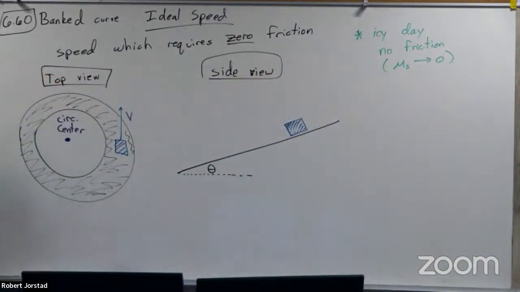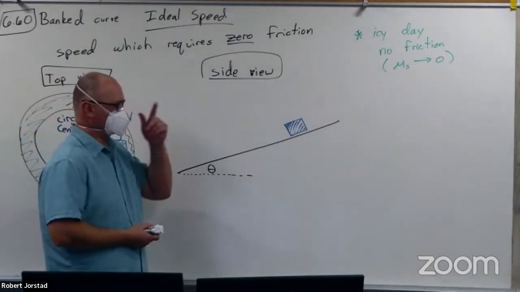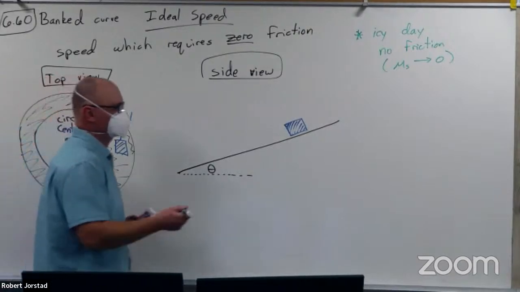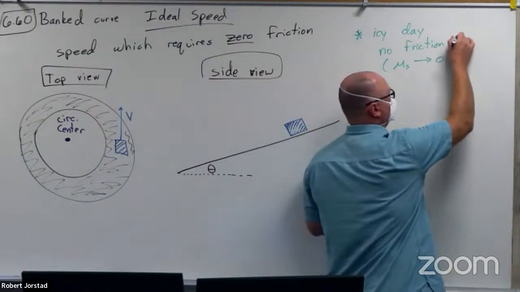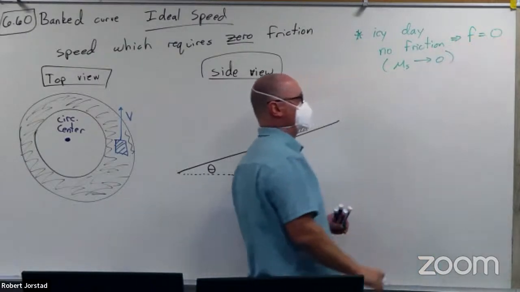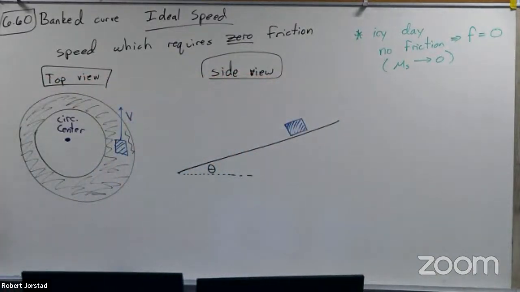Obviously, mu is not the frictional force, but it is related to the frictional force. It's the frictional coefficient. So just to be clear, there's no friction. Similarly, we could say that's because the coefficient also goes to 0.